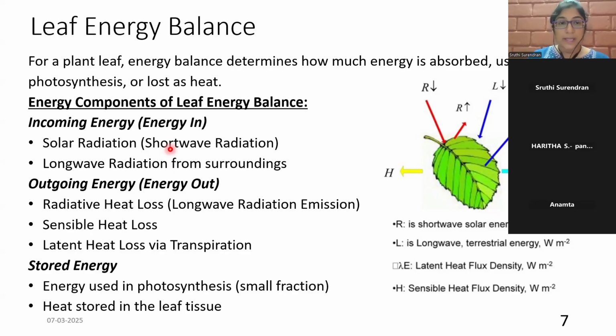Then the outgoing energy is going to be the radiative heat loss, the sensible heat loss, and the latent heat loss via transpiration. And the stored energy is going to be the energy used during photosynthesis and the heat stored in the leaf tissues, basically to regulate the leaf temperature.